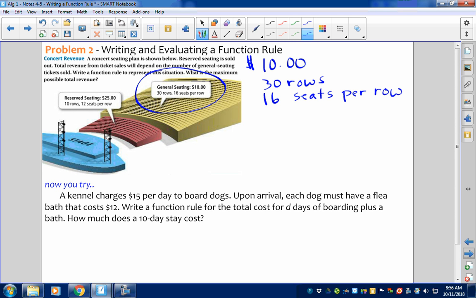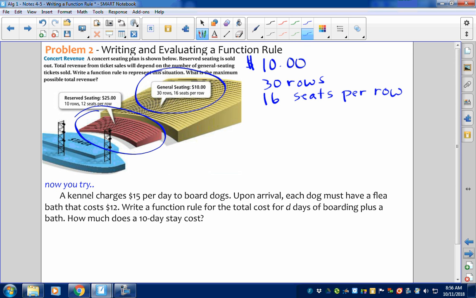Now here's the way I understand this. There's always a certain cost associated with putting on a show, right? I'm interpreting this, I believe correctly, and saying that the reserved seating down here, that fixed amount actually pays for all of the overhead, all of the costs. So what they're saying here, at least the way I understand it, and this is how I'm going to approach it, is it says write a function rule to represent the situation.